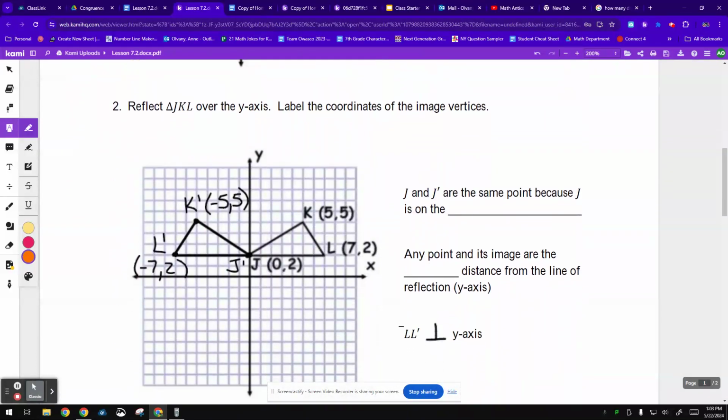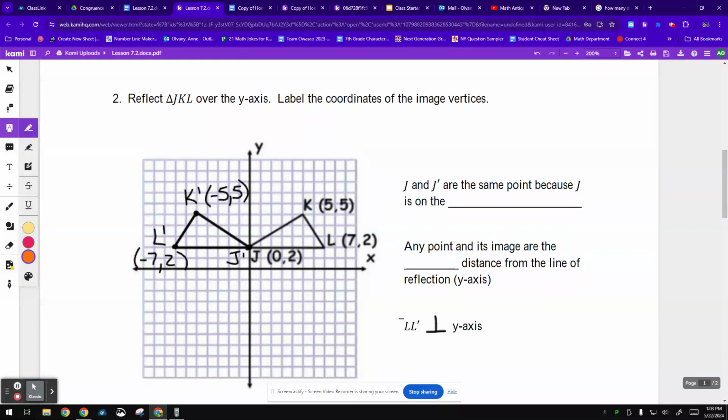Let's talk about reflecting over the y-axis. So I'm going to color in my y. This time it's like taking your triangle, which we're starting with JKL over here, and folding your paper in half this way. Okay?